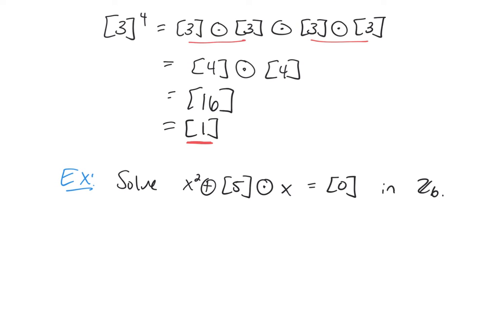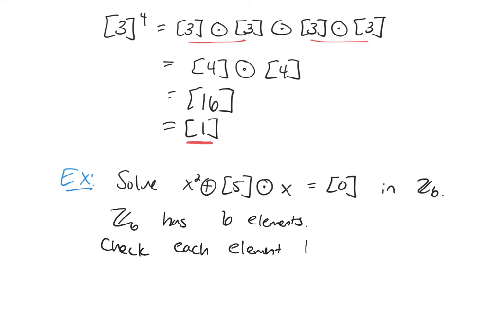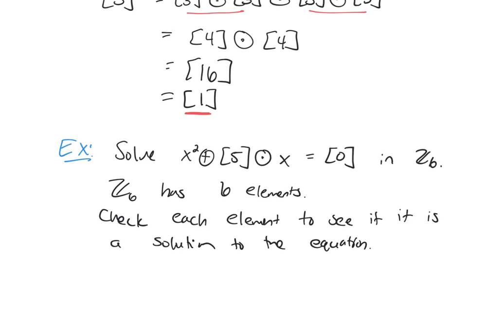So remember that Z6 has 6 elements in it. And what you need to do is check each one of these elements to see if it is a solution to the equation. So let's walk through that.